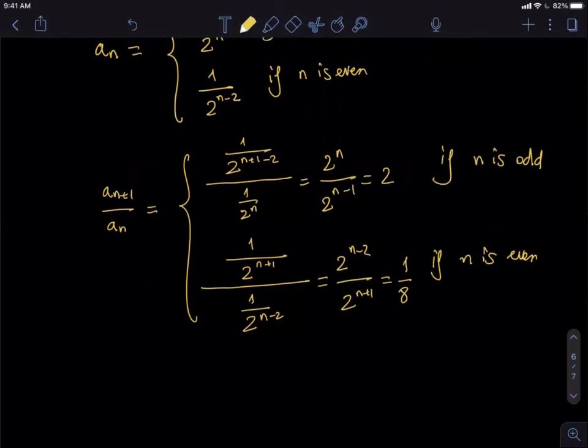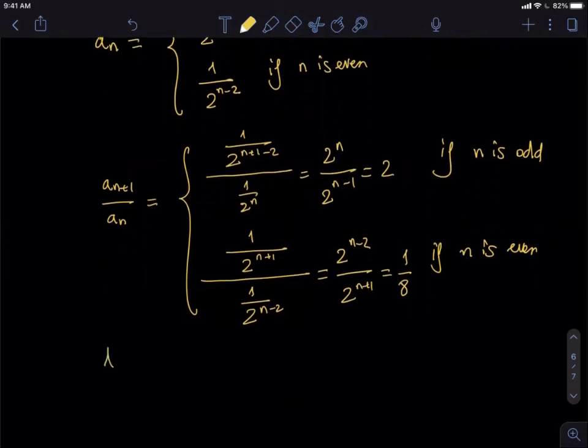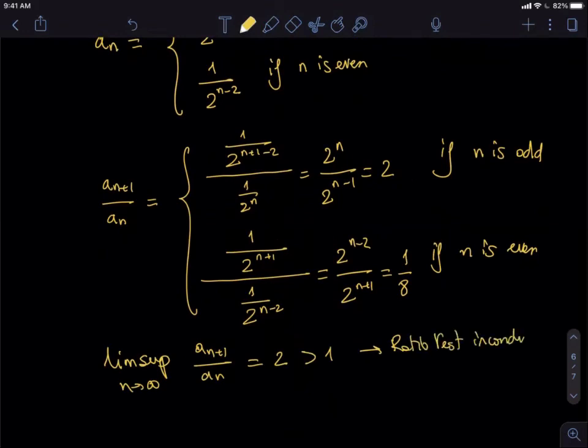All right, I think this is very clear. This means the lim sup of a_{n+1} over a_n is going to be 2, which is bigger than 1. So the ratio test is inconclusive.